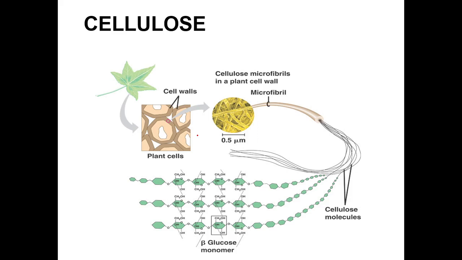So cellulose is the one responsible for the cell wall ng ating plants. So, yung ating cellulose kasi is actually made up of microfibril and then there's cellulose molecules. Ayan. So, string yan. So, imagine a very long string of glucose and that will form your cellulose.